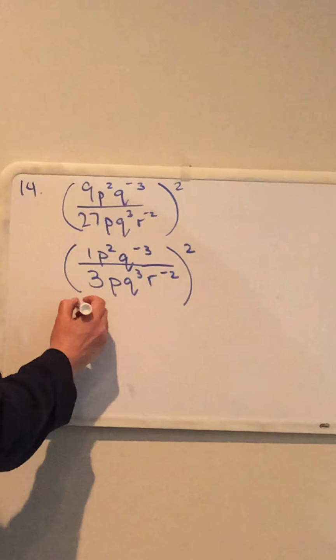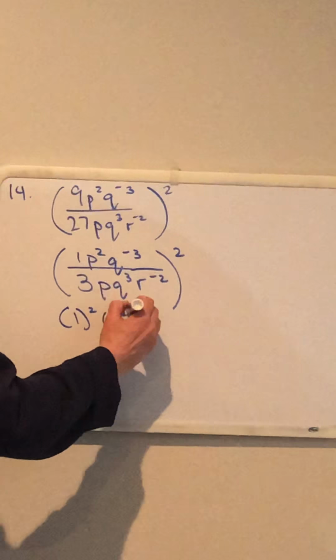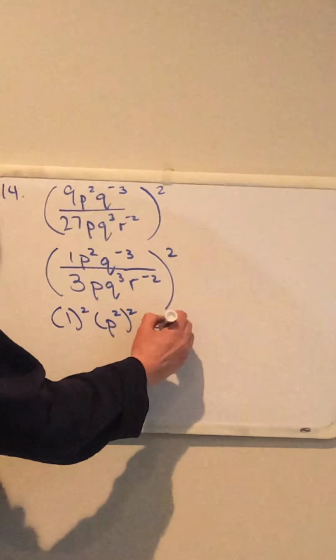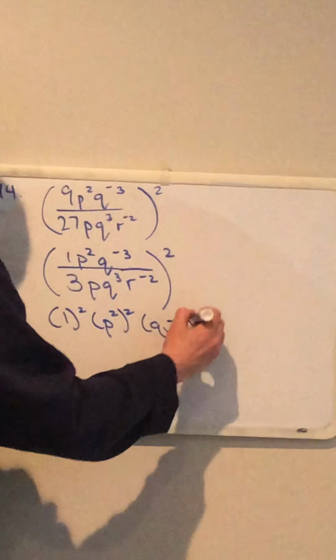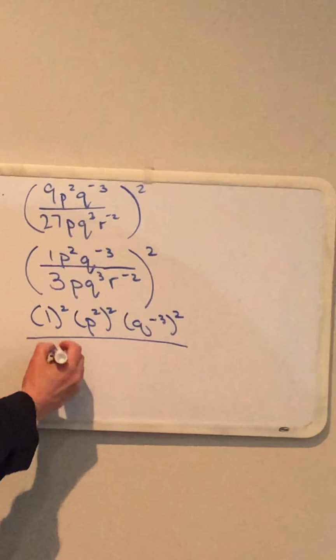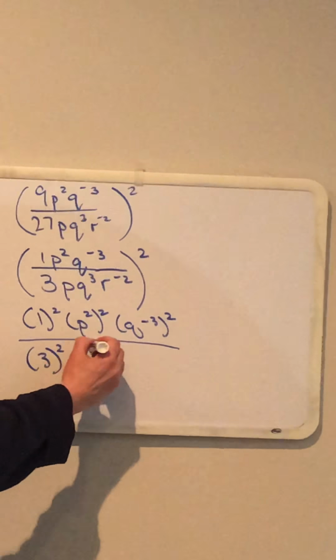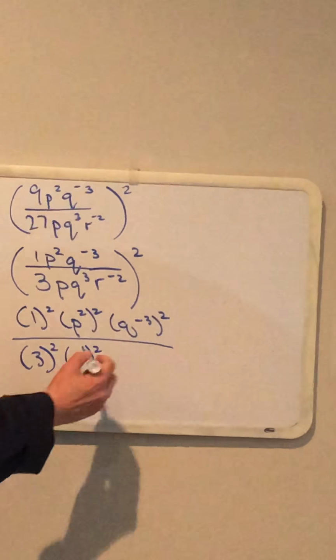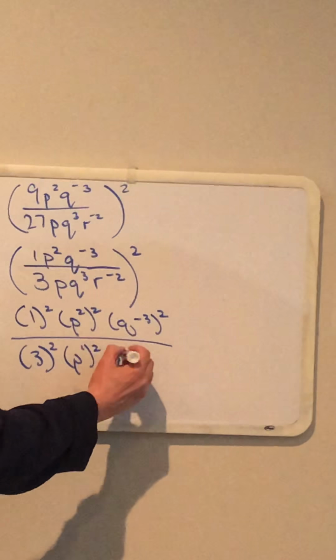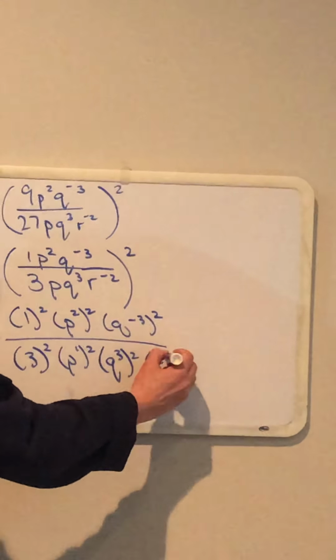So I'm going to have 1 to the second, p to the second, q to the negative third to the second, over 3 to the second, p to the first to the second, q to the third to the second, r to the negative second to the second.